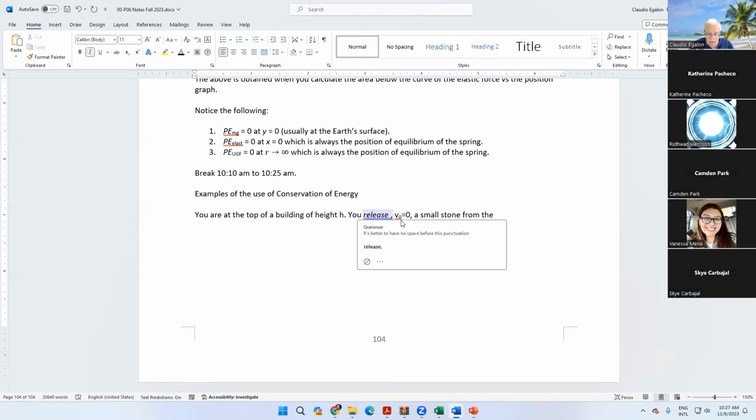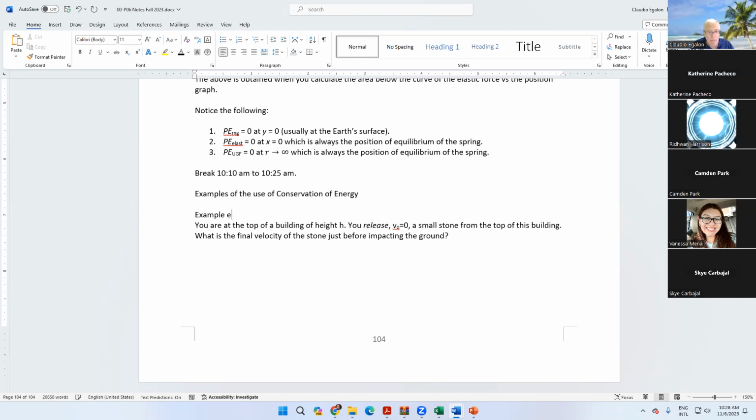You release a small stone from the top of this building. What is the final velocity of the stone just before impacting the ground?